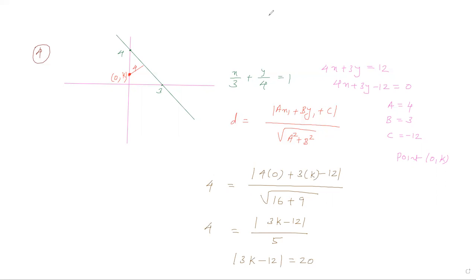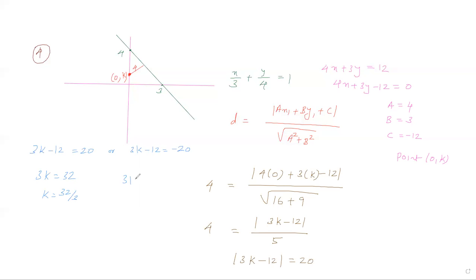So modulus 3k minus 12 is equal to 20, which means there are two possibilities. 3k minus 12 can be 20, or 3k minus 12 can be minus 20. Whether plus 20 or minus 20 comes inside the modulus, when you take the modulus it will be 20 only. From the first you will get 3k is equal to 32, so k is equal to 32 by 3.